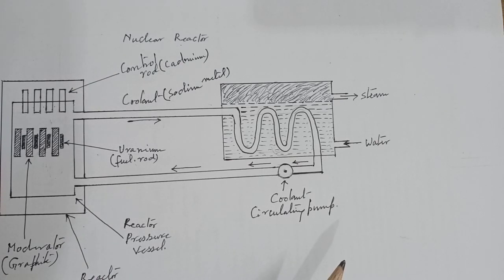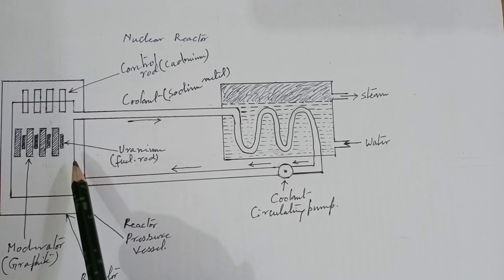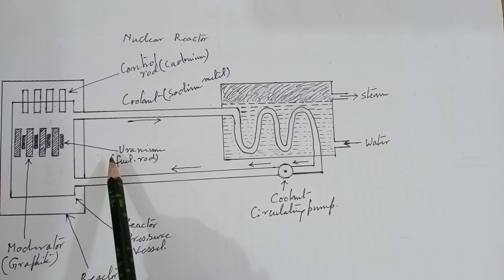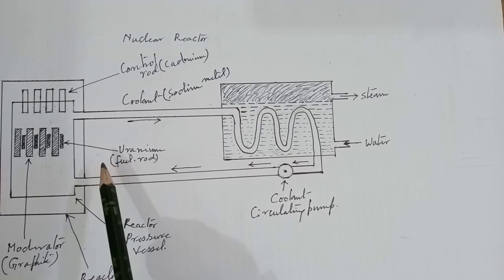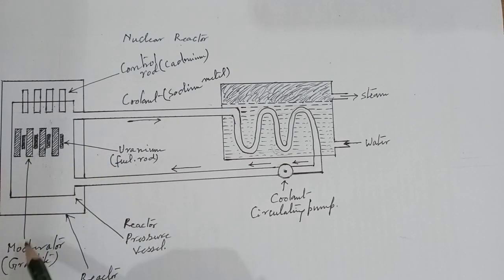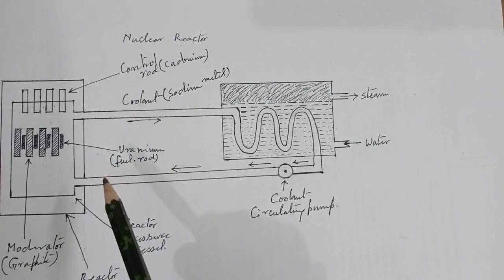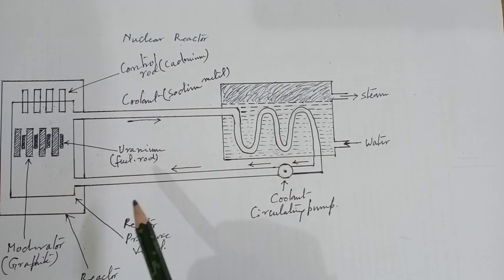A nuclear reactor is a cylindrical steel pressure vessel and houses fuel rod of uranium, moderator, and control rod as per figure.